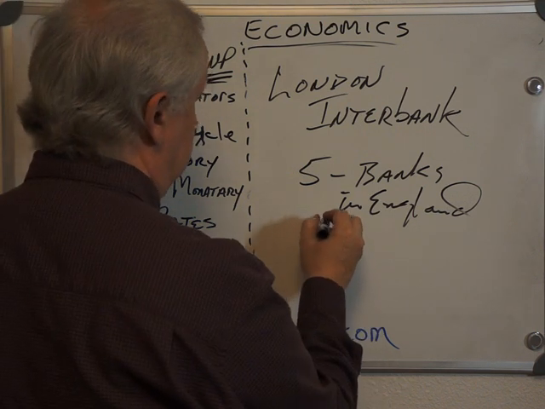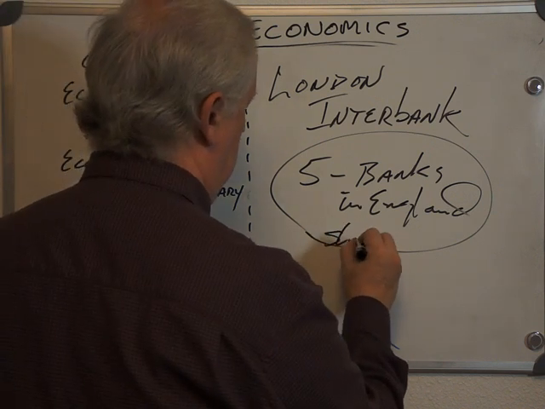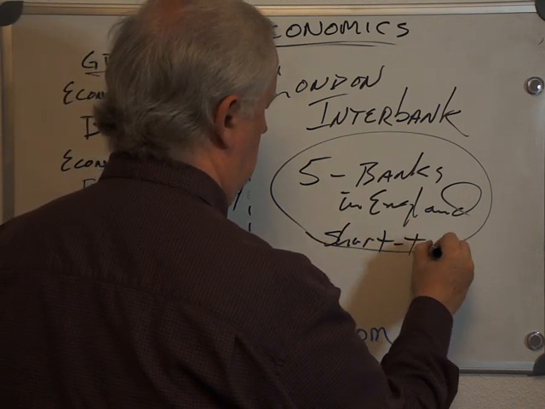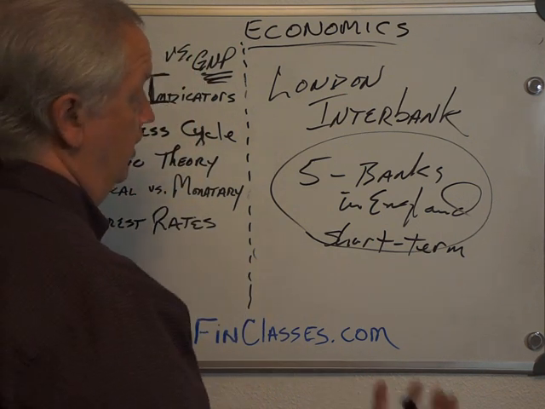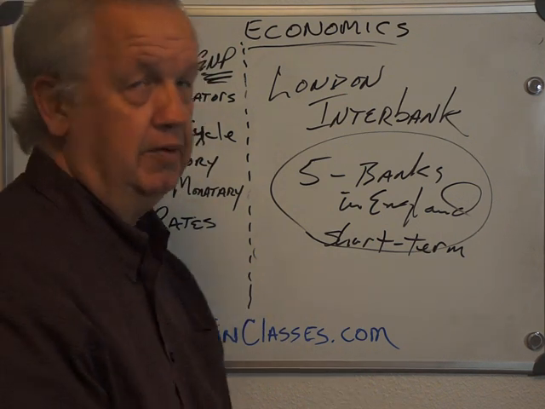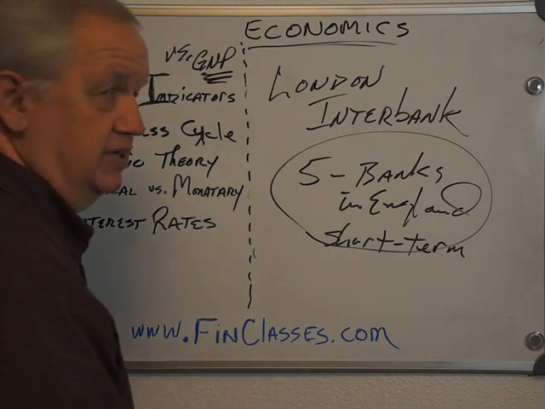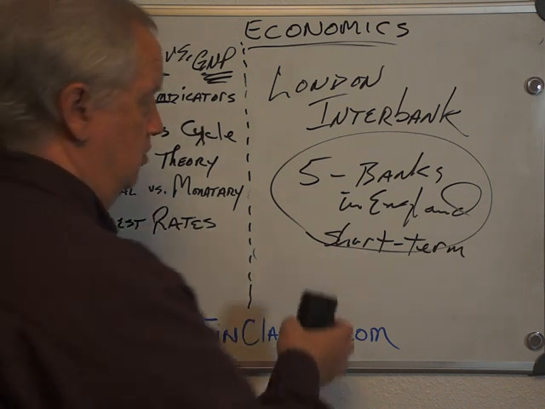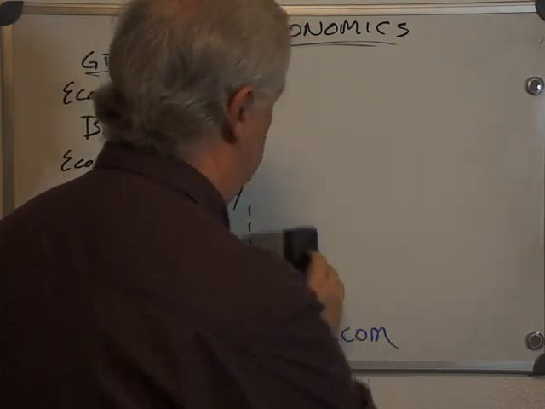Well, this is the rate they charge each other, short term. And it had a big scandal about them fixing rates. Well, why wouldn't they fix rates? They're the banks. They can charge what they want. Sheesh. But there's some regulation about it.